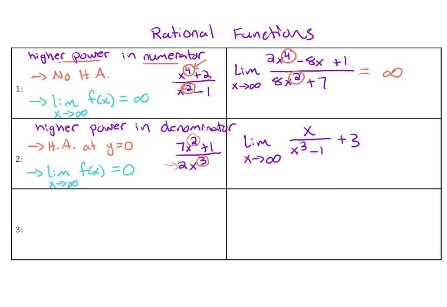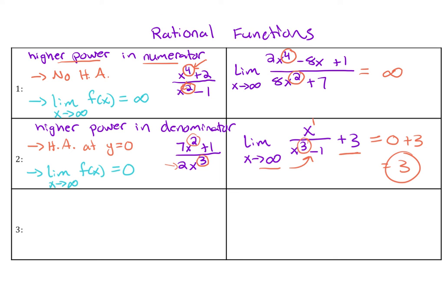I actually added in a little something here just to make us think about this for a second. So degree 1, degree 3. As you approach infinity of this, it will be 0. But then this 3 is like shifting the horizontal asymptote up 3. So in this case, it's 0 plus 3, which is just 3.